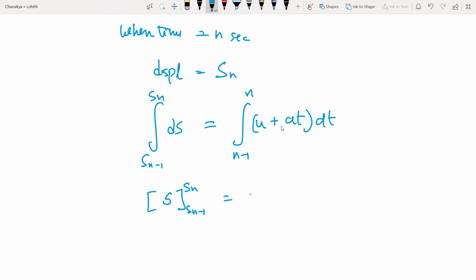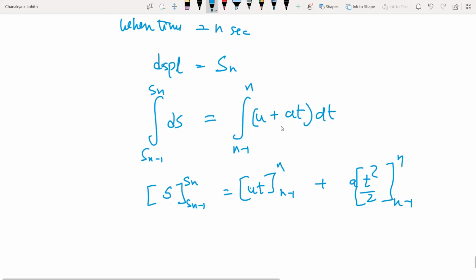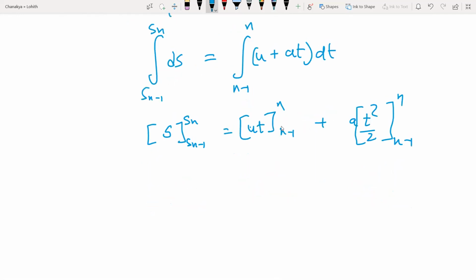If you integrate u with respect to dt, you get ut. And integrating at, you get a t square by 2, with the same limits n minus 1 to n. You can keep u outside, doesn't matter.